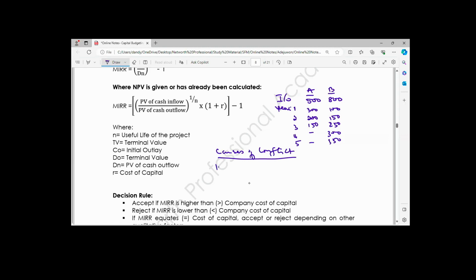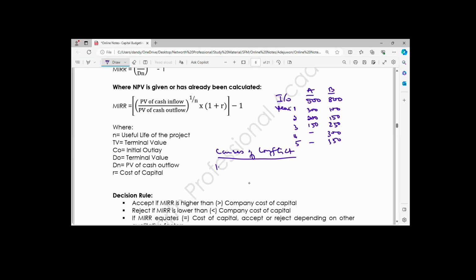One, where there is significant difference in the amount of capital outlay, that may result to the reason why NPV favor a particular project, then internal rate of return favor another project.